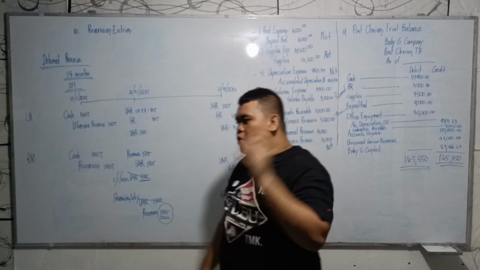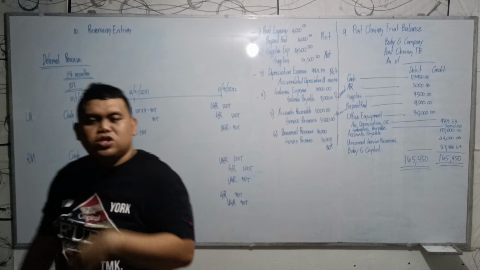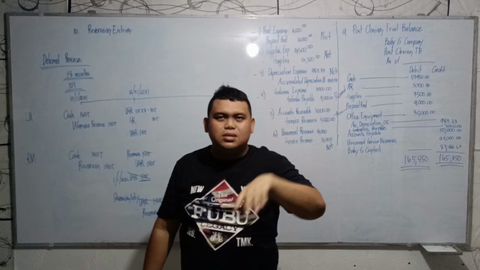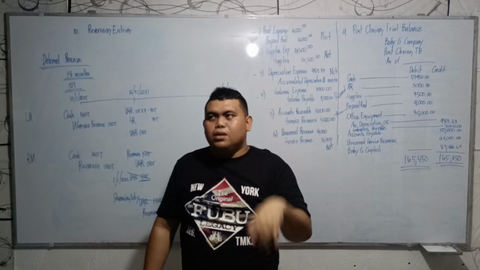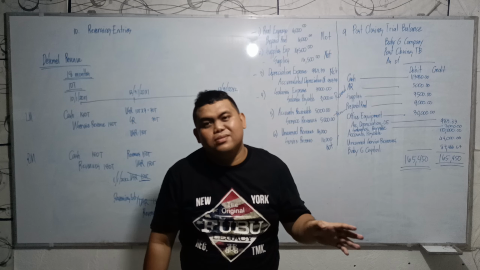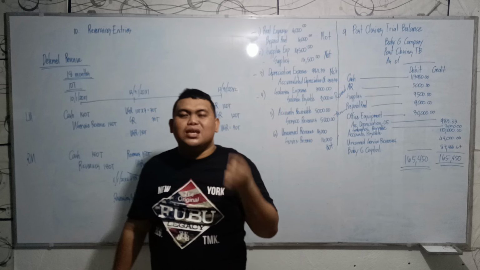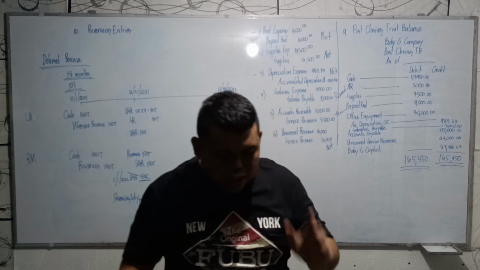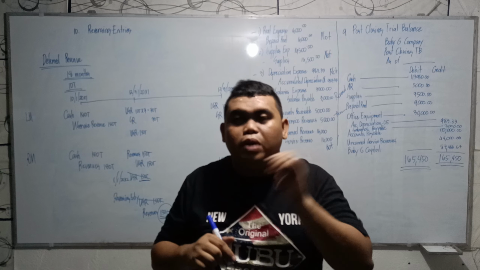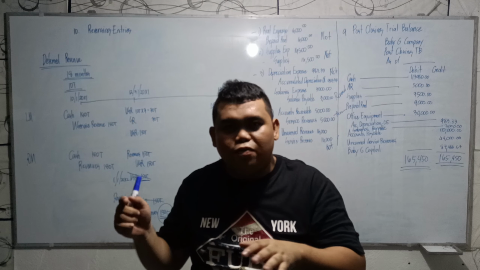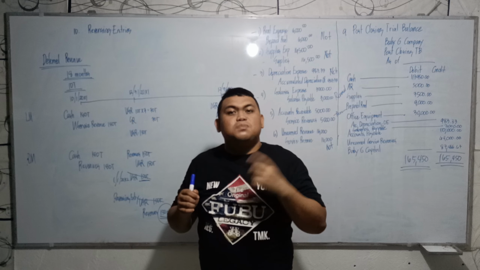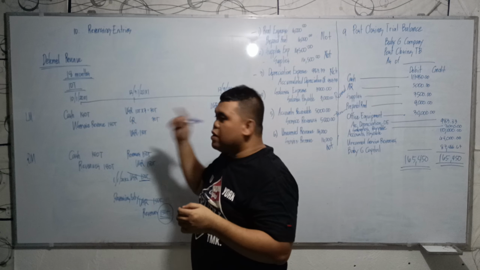Like for example, you are given an adjusted trial balance and your unadjusted trial balance there in the problem reports rent expense, for example, but the prepaid rent is 0. So that means the company is using expense method right there. Because that is still unadjusted, so there are no adjustments yet. Yet, your rent expense is already positive and the prepaid rent is 0. So maybe the company is using expense method when it comes to deferred expenses.